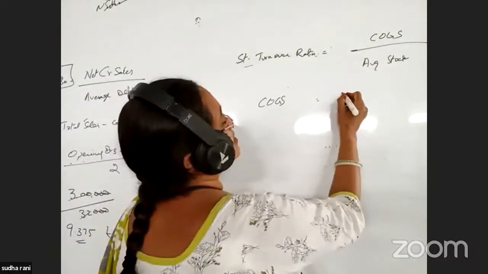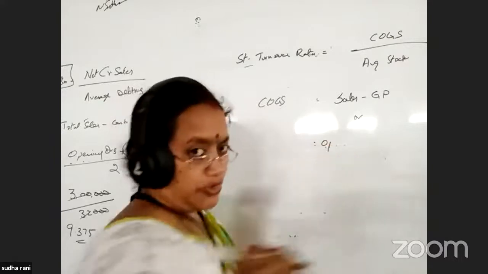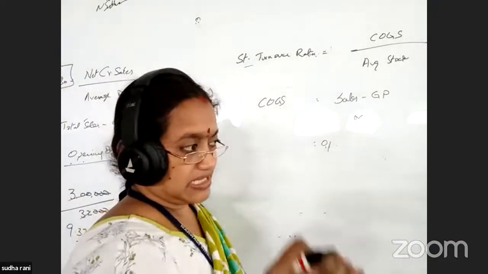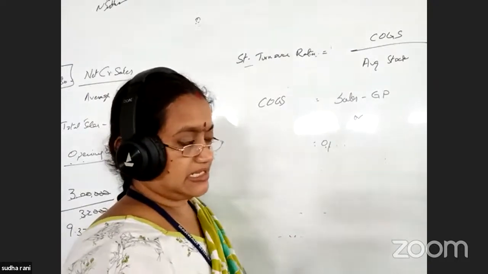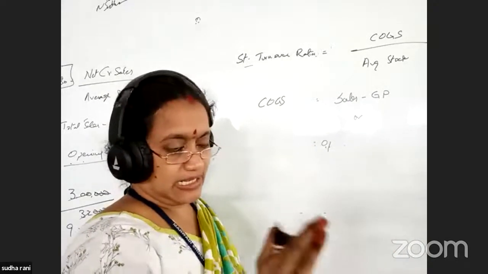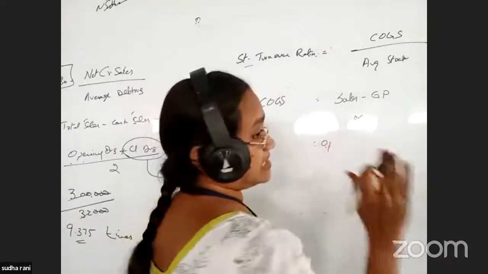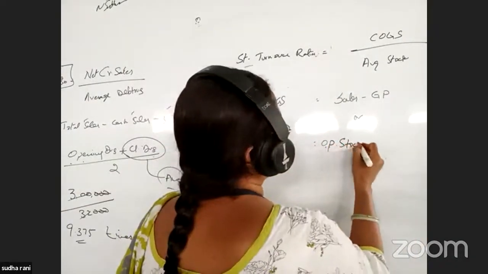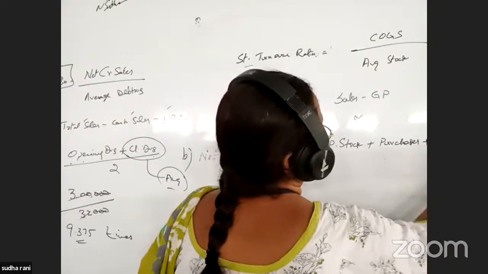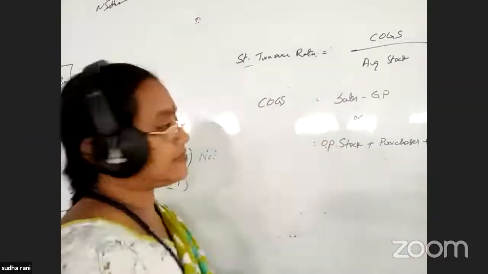One is sales minus gross profit, or opening stock plus purchases plus direct expenses minus closing stock. If you do, you will get cost of goods sold.